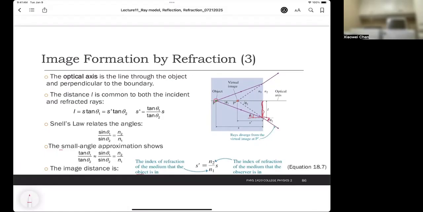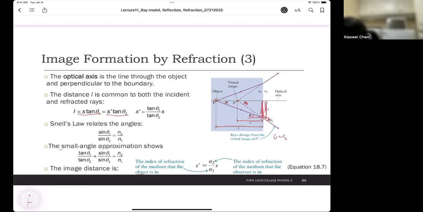So this distance equals, with this being S and this being S prime, L equals S tangent theta 1, and also equals S prime tangent theta 2. Does it make sense to you?